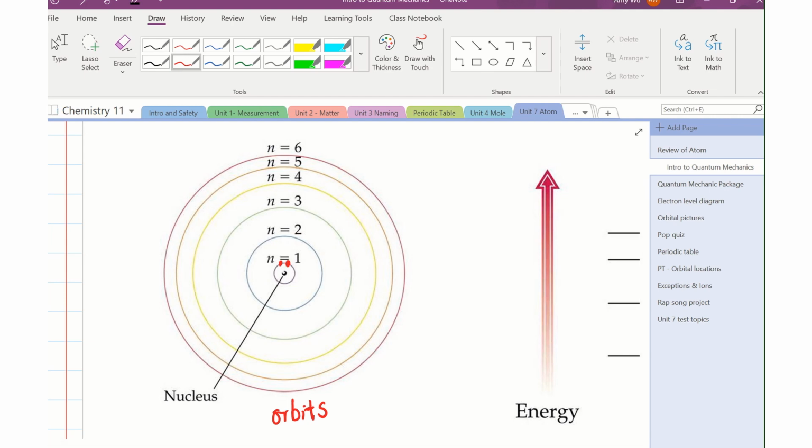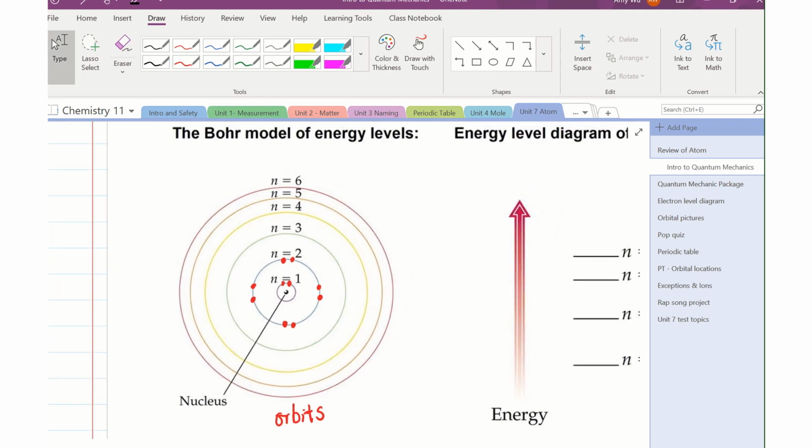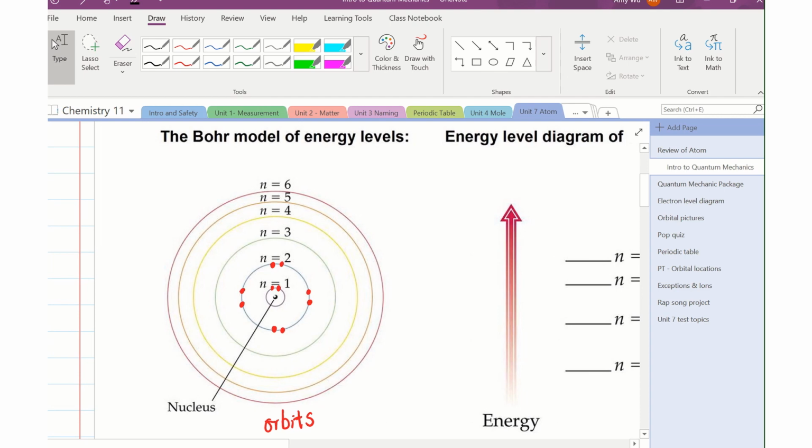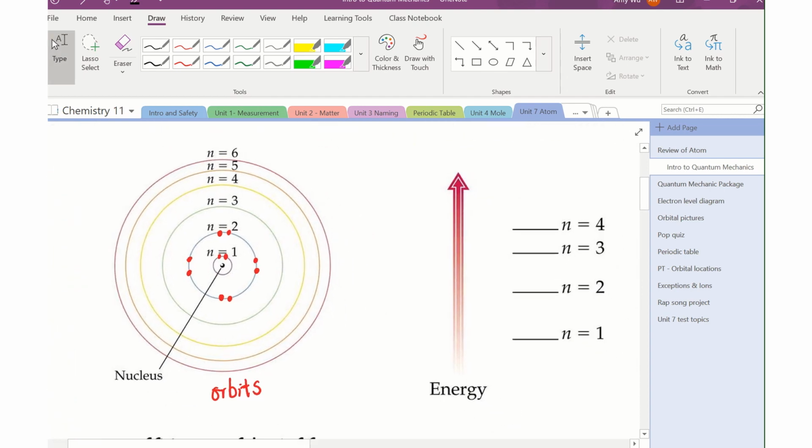The first shell can hold 2 electrons, the second shell can hold a maximum of 8 electrons. You probably remember the magic numbers 2, 8, 8, 18, and so on, for Bohr's model. But this is not the accurate model of an atom.